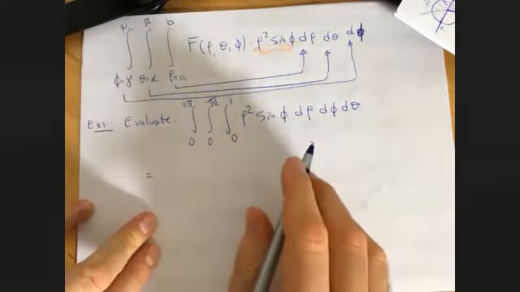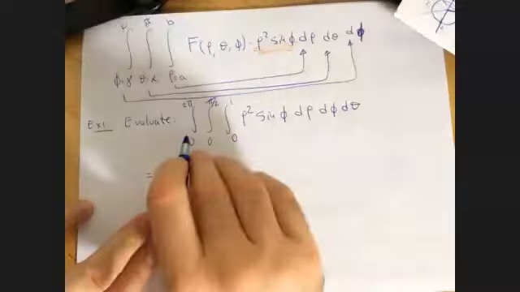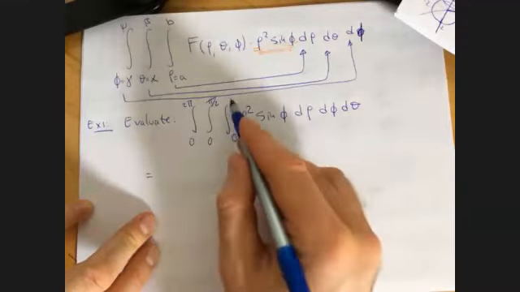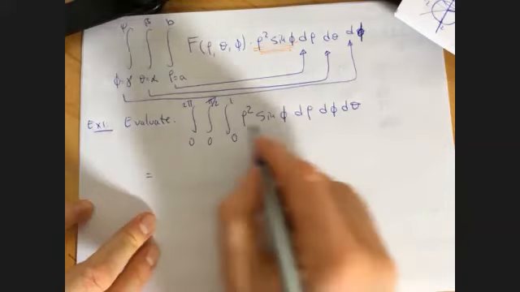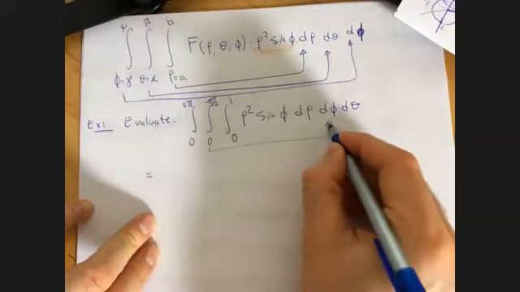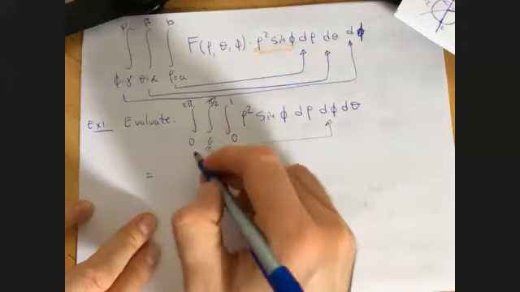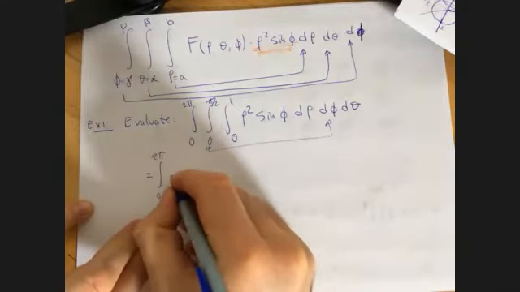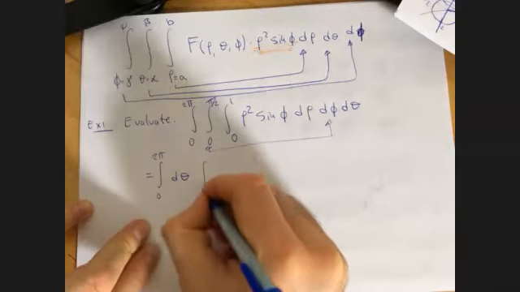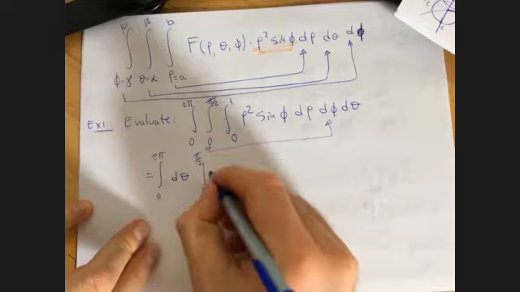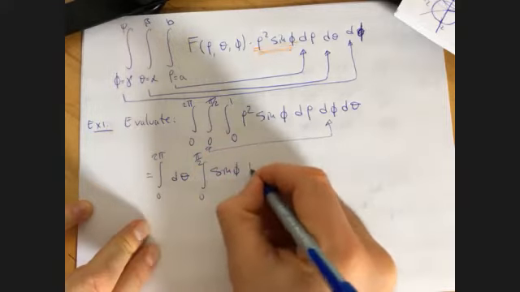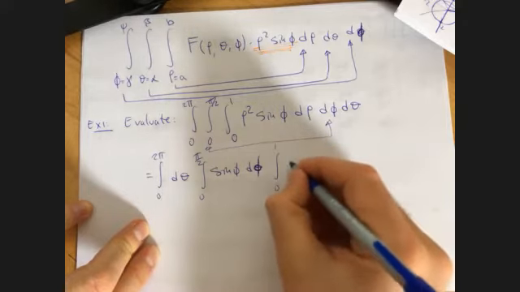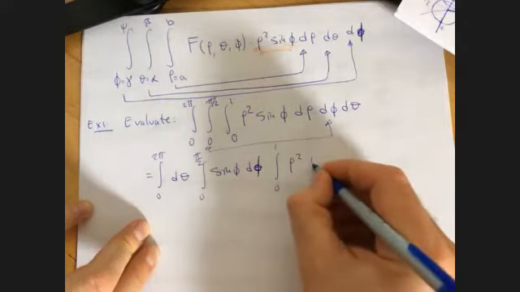Obviously you can see that rho doesn't depend on phi and theta, phi doesn't depend on theta, they're all independent, so this can be written as the integral from 0 to 2 pi d theta times the integral from 0 to pi over 2 sine phi d phi times the integral from 0 to 1 rho squared d rho.